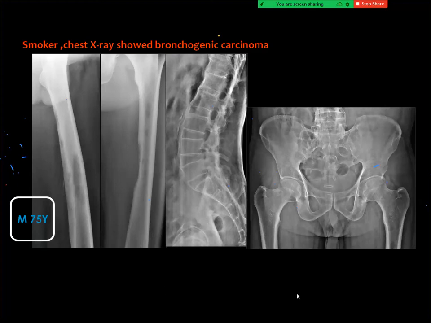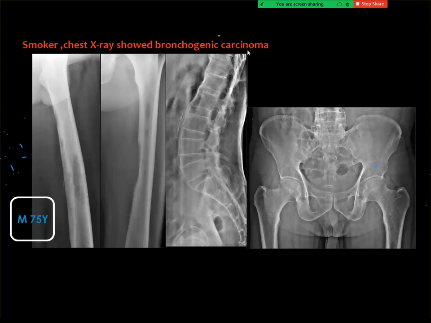Then there is no contradiction between the presence of ankylosing spondylitis and the bronchogenic carcinoma. So many times when they provide you the history easily in the exam, this is misleading.